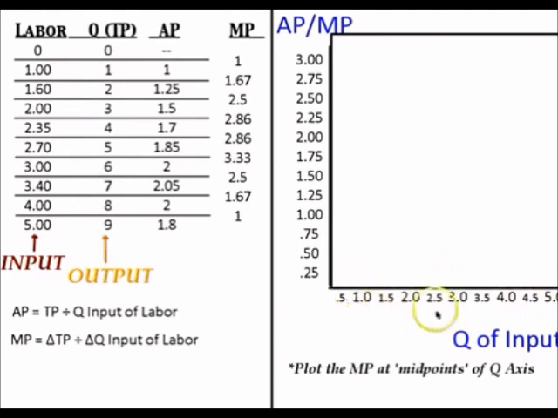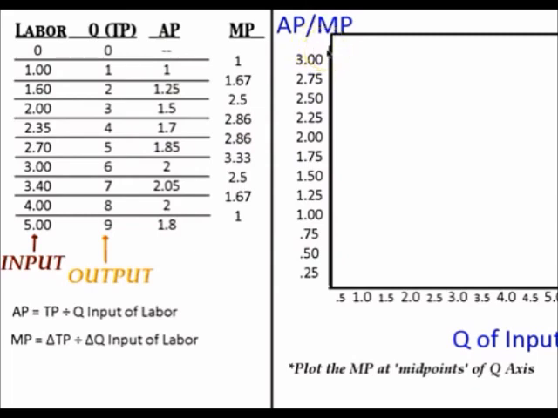I decided to number it by halves, 0.5, 1, 1.5, 2.0, and so on. This column here, AP and MP, I just take a look at the numbers in the AP column. In the MP column, I found the highest number, and then I labeled accordingly. 3.33 will be just above this when I plot that particular point.